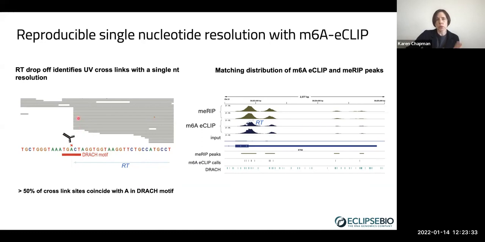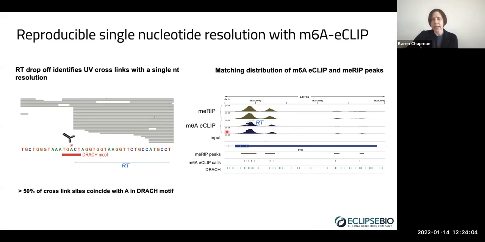But this sort of sums up essentially what it's doing, that it's mapping that cliff that occurs when the RT falls off the transcript. So looking over here at what the data looks like, you can see that a classic miR-eCLIP, which is just sort of the IP without the cross-link, gives these sort of more diffuse peaks with no resolution of where those sites are within the peaks.